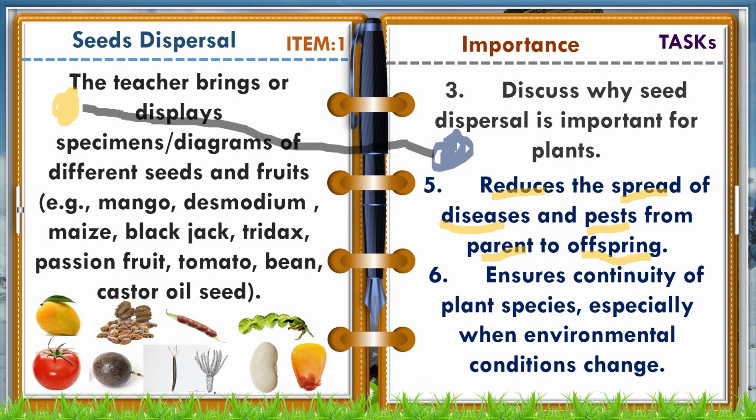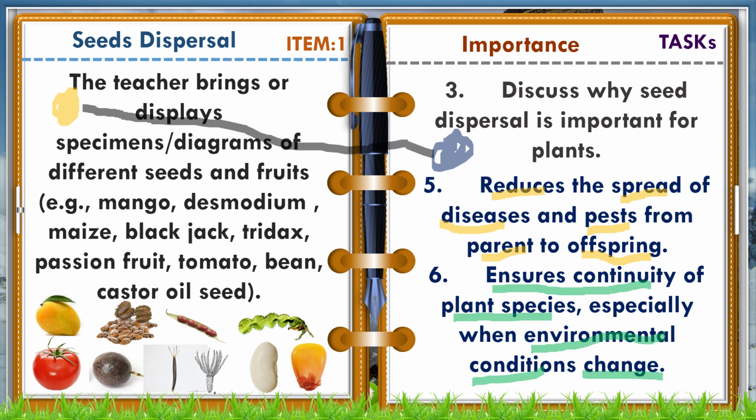Then dispersal also ensures continuity of the plant species, especially when environmental conditions change. So when they are carried from one place to another, provided in the area where they are the environmental conditions have changed, then the plant species may survive in a new area.